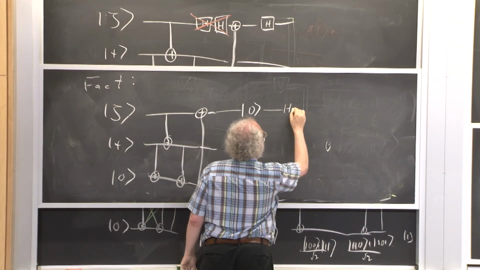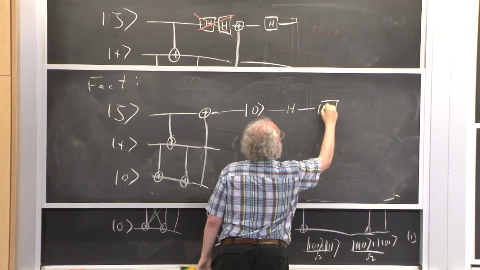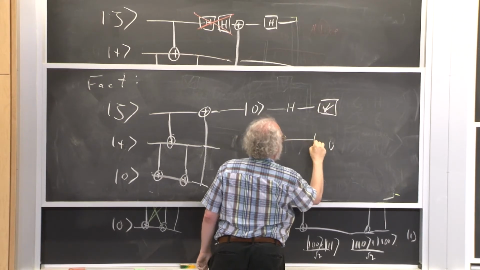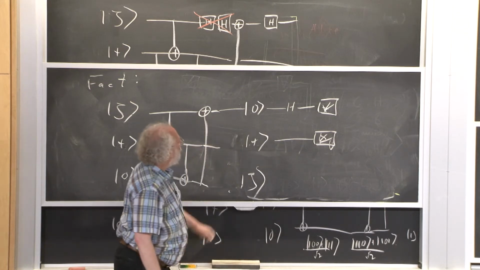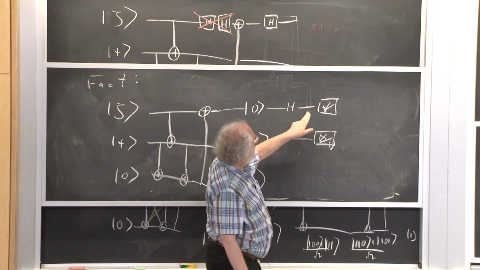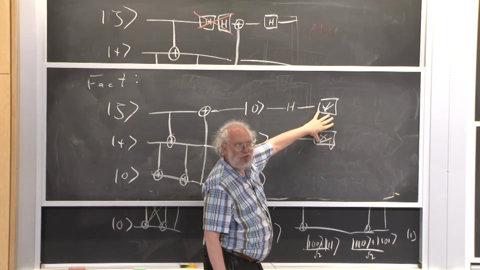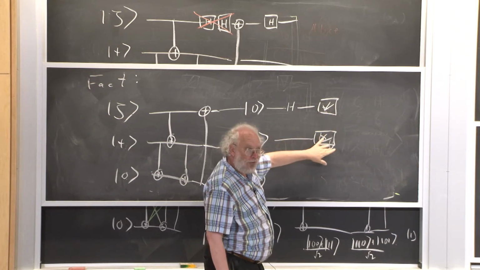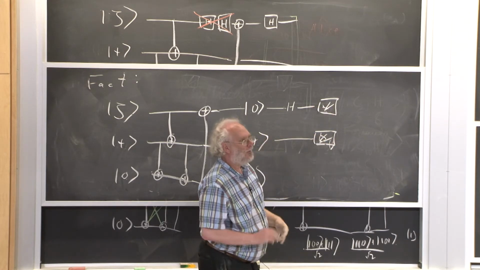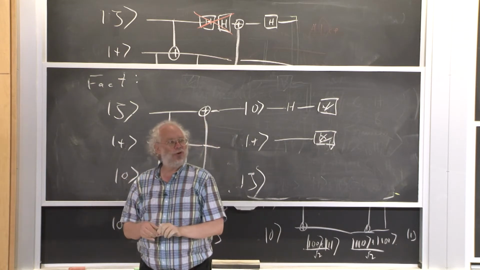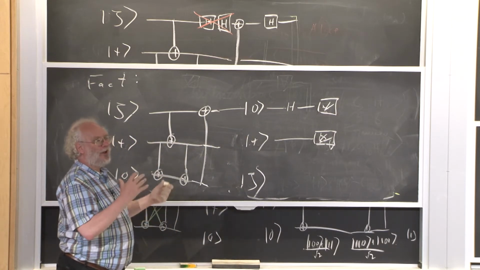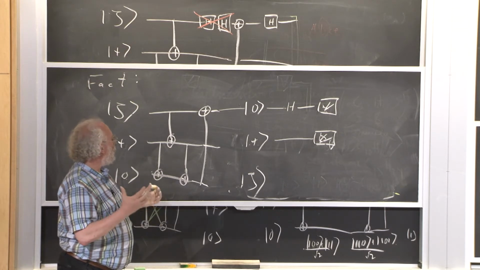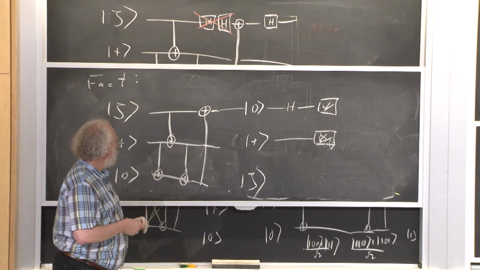And now the last thing we get is a Hadamard and a measurement. So you can see that both of these states are plus right before they're measured, which means all measurement values are equally likely. And if you go back to our teleportation circuit, or the first way of analyzing teleportation, you would have seen that all teleportation values were equally likely.